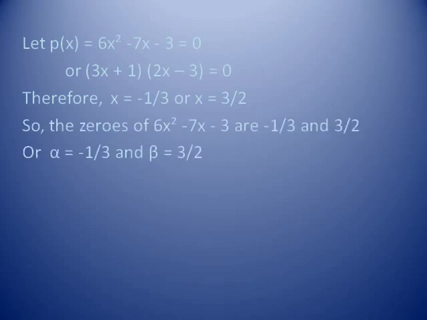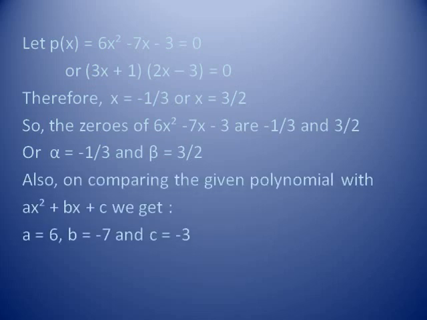So the zeros of 6x square minus 7x minus 3 are minus 1 by 3 and 3 by 2, or alpha is equal to minus 1 by 3 and beta is equal to 3 by 2. Also, on comparing the given polynomial with ax square plus bx plus c, we get a equals 6, b equals minus 7 and c equals minus 3.